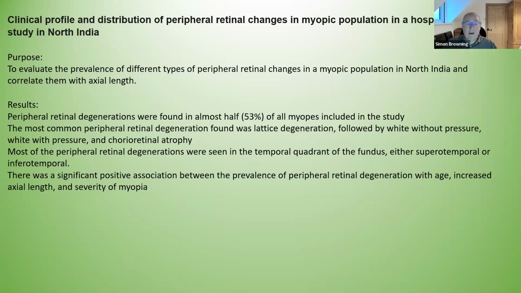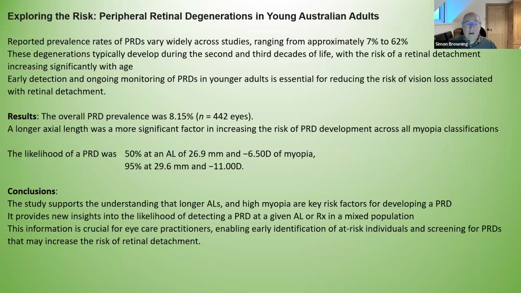So again, there's a study showing everything we've got there. This was going back to Australia again, and again, I'm not going to go into it in a lot of detail, but just look at the changes here. The overall prevalence was 8.1%. A longer axial length was a more significant factor in increasing the risk of PRD.